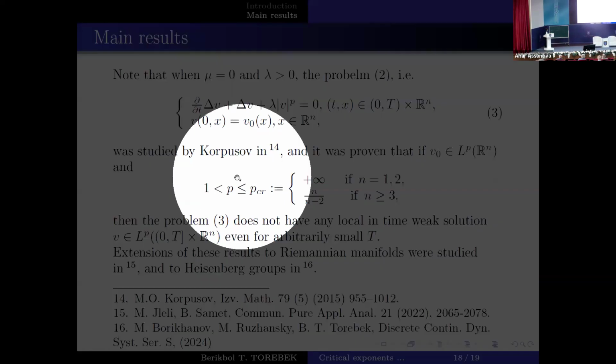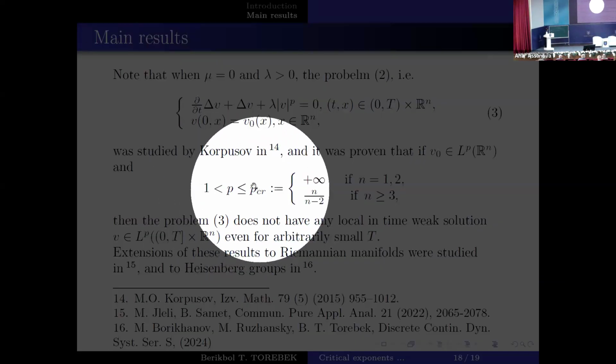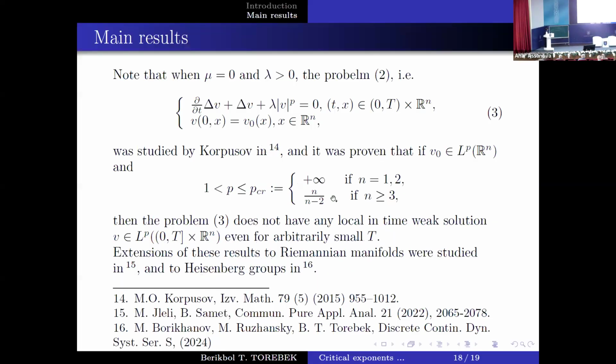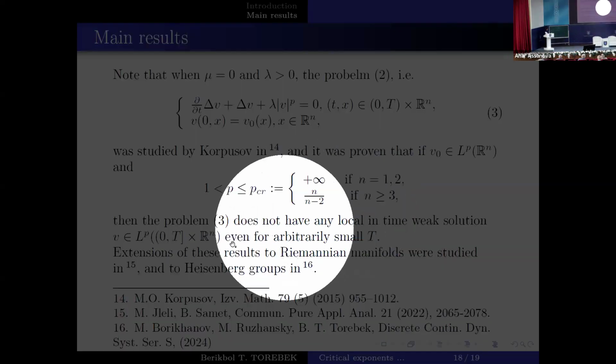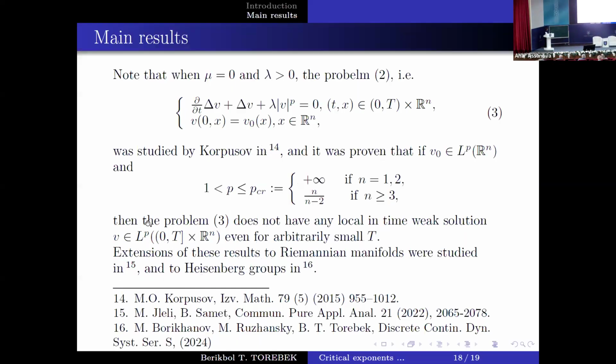And he proves that if p is in this range, then the problem does not admit any local in time weak solution, not global but local in time weak solution from this space for any arbitrarily small T.